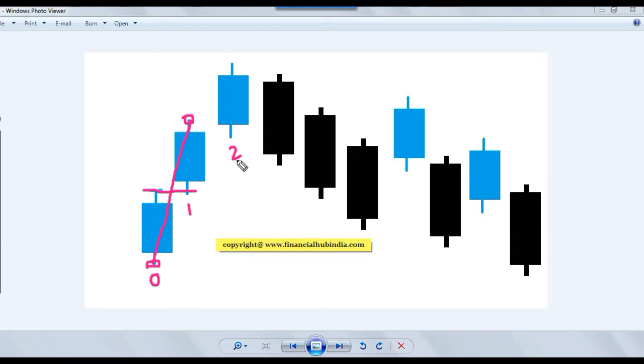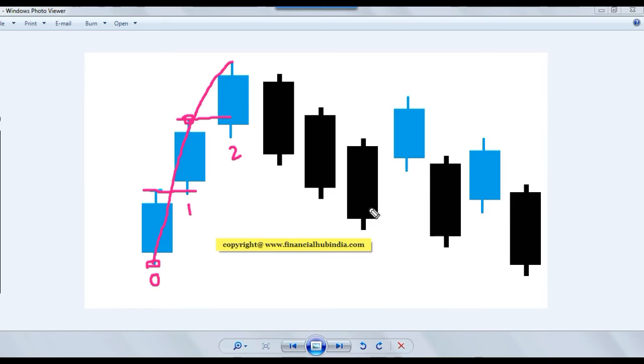Now what happened in candle 2? Candle 2 again goes above candle 1's high, right? So we'll keep on continuing this line to candle 2's high. Till the time you see the previous candle's high is broken, you just keep on drawing the line on the upside, adding the highest point of the last candle which has broken the prior candle's high.